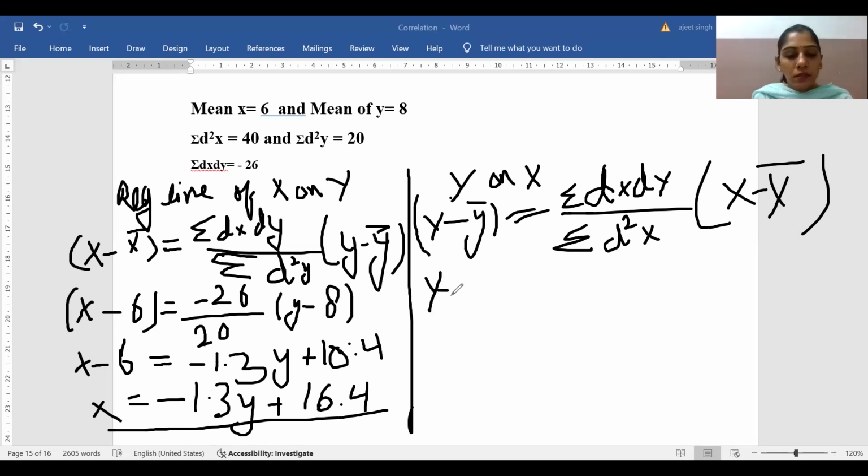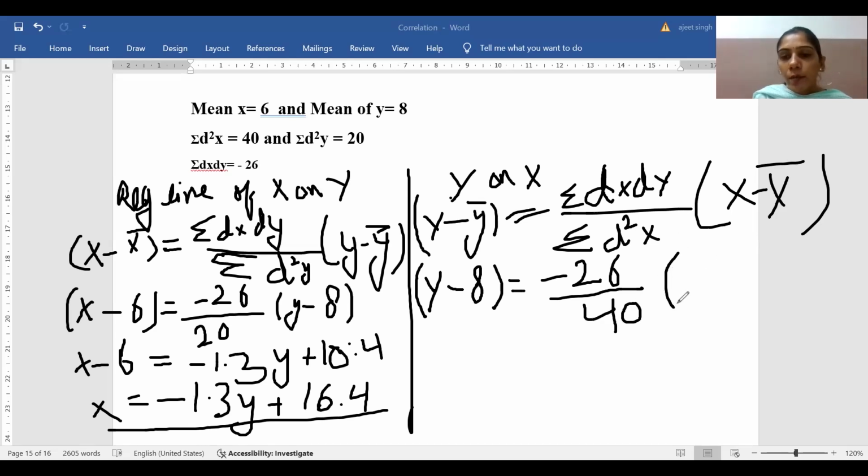The value of y bar is 8, so y minus 8 is equal to summation dx dy, which is minus 26, divided by summation d square x, which is 40, which we have already calculated. Again bracket x minus x bar, the value of x bar is 6. Let's calculate minus 26 divided by 40.